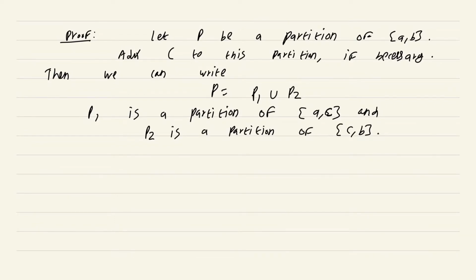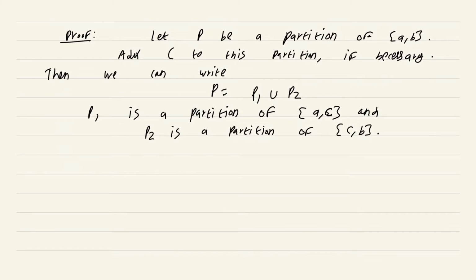So you gather together all the points in the partition P that also happen to be in the interval [A, C], and all the points in P that happen to be in the interval [C, B], and call those P1 and P2 respectively. It's obvious that P is P1 union P2, and P1 and P2 are partitions of [A, C] and [C, B] respectively.